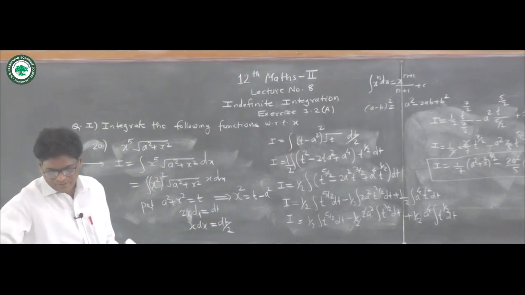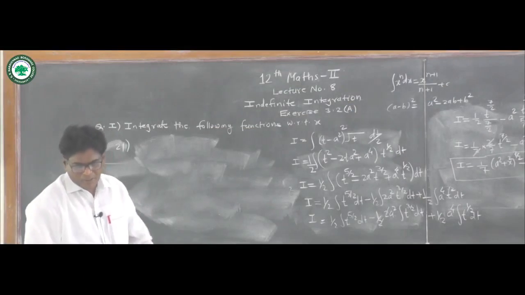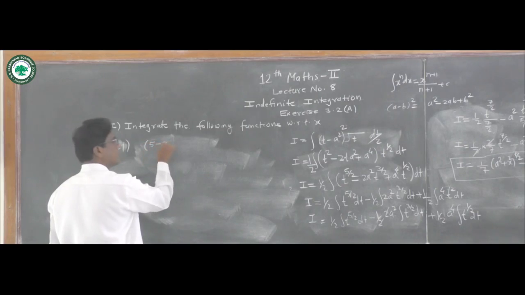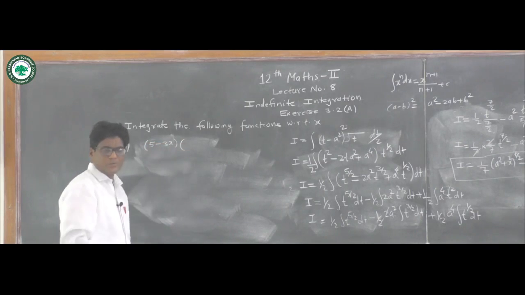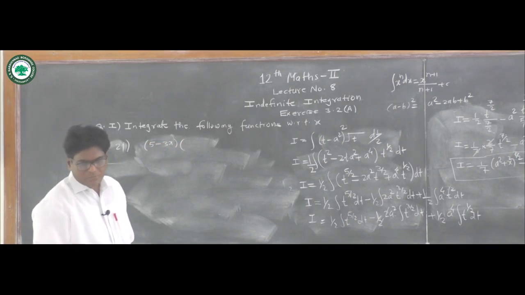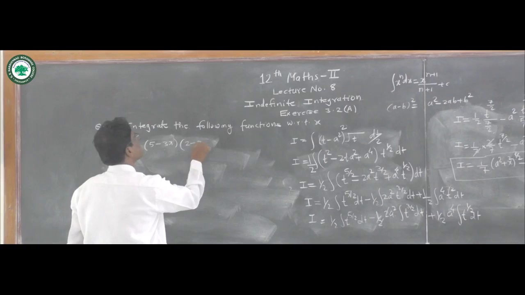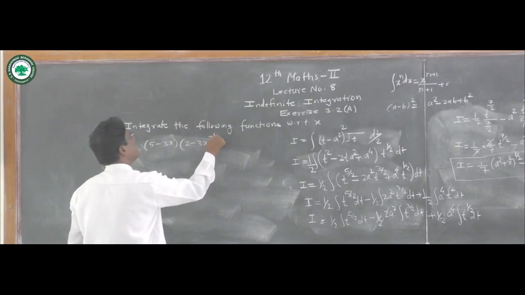Now here we see 21st problem. 21st problem here 5 minus 3x into 2 minus 3x to the power minus 1/2.